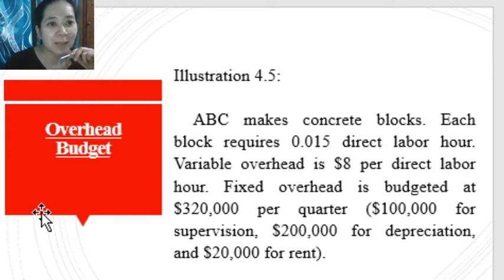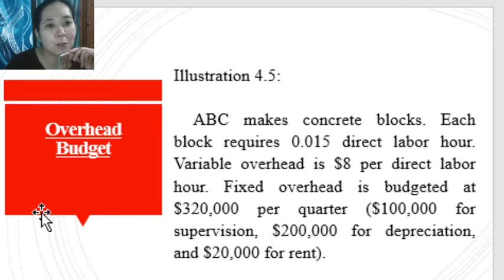For our illustration, we will use again ABC company, which makes concrete blocks. Each block requires 0.015 direct labor hour based on the data in the labor budget. Our variable overhead is $8 per direct labor hour.